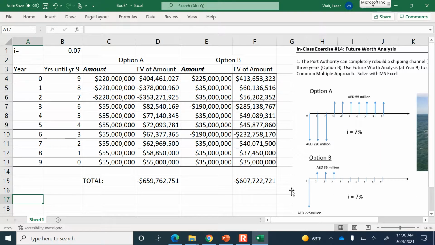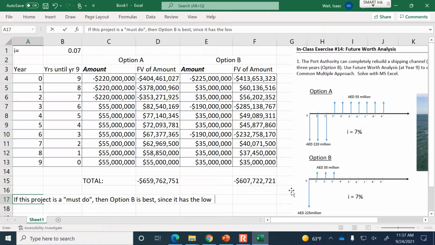So we would say, if this project is a must-do, then option B is best since it has the lowest future worth of cost. In other words, option B is cheaper, thus better.